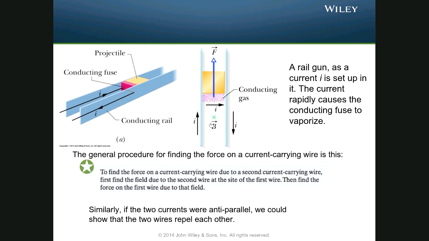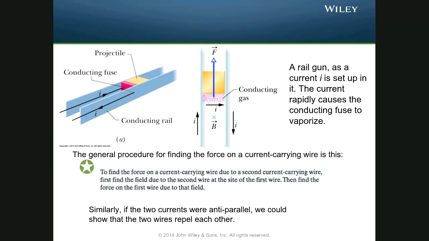So the general procedure for finding the force on a current carrying wire is the following. To find the force on a current carrying wire due to a second current carrying wire, first, find the field due to the second wire at the site of the first wire. That was that part where we talked about. So when we talked about this, let's review that again because we want to see it.